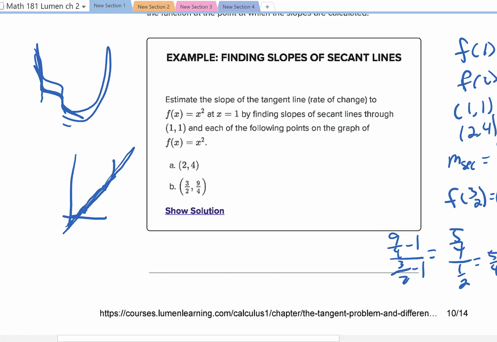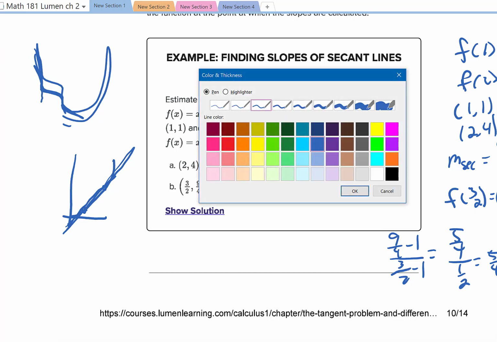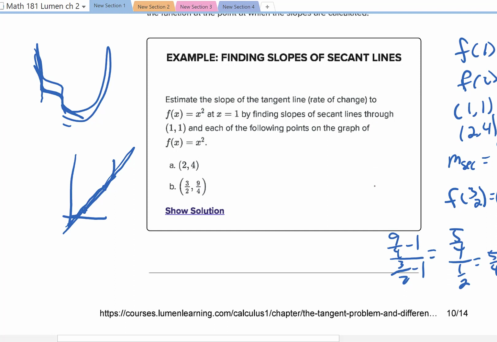We can reduce, and we end up with 5 halves as the slope there.